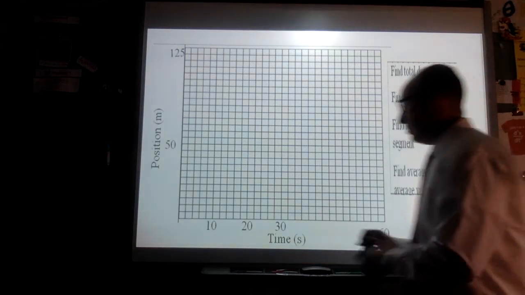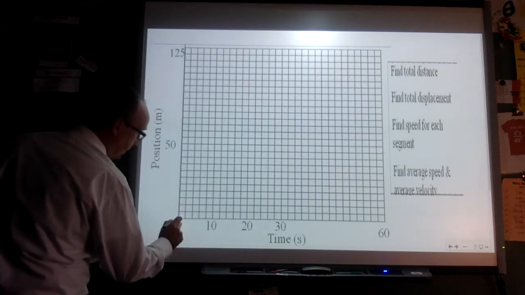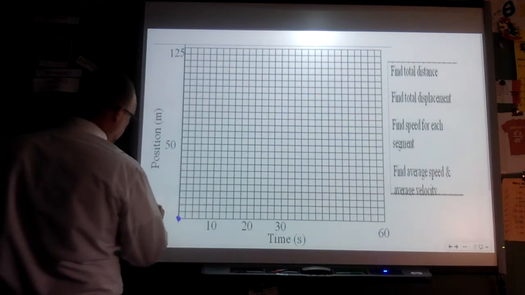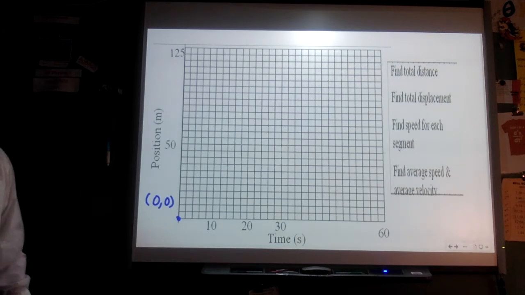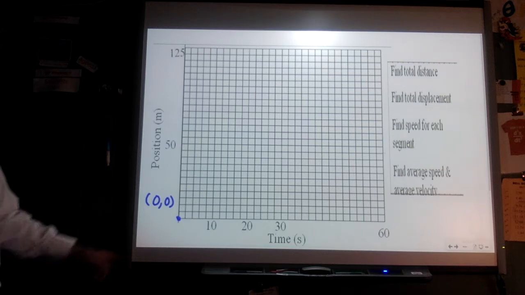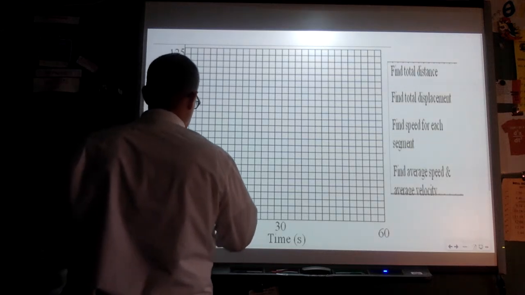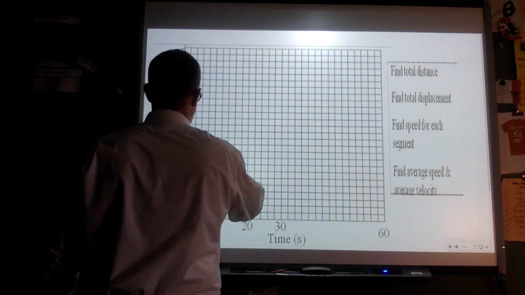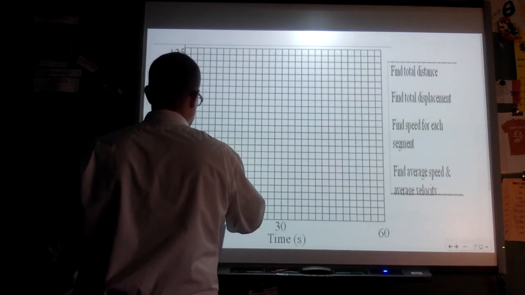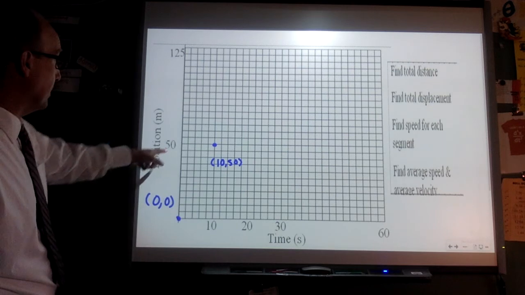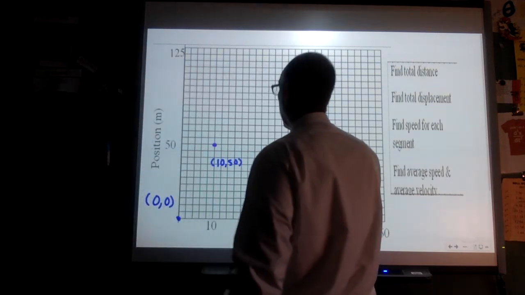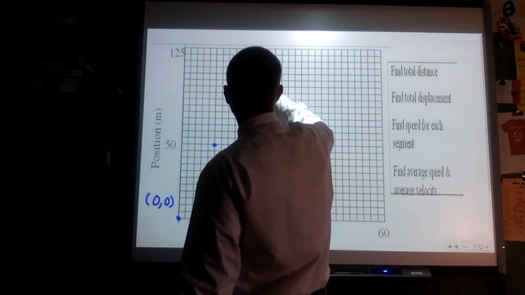All right, so my first point is going to be 0, 0. At time 0 seconds, I'm at position 0. Then at 10 seconds, I end up at 50. So I'm going to put a point there. So this is going to be 10, 50. Then they went 75. So I'm going to have 20, 125.